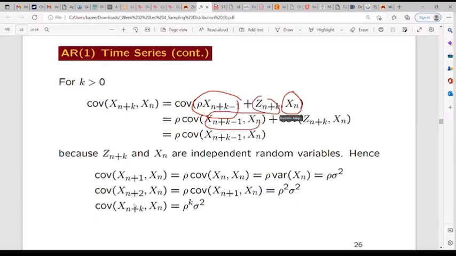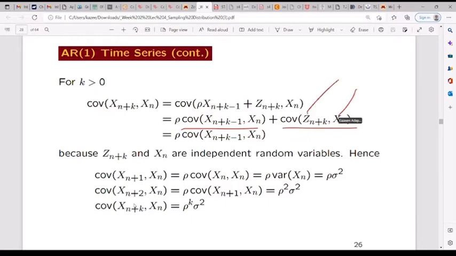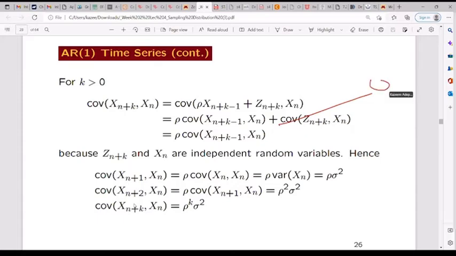That will give you this and this. And Z and X are independent, so the covariance will be equal to 0. You have been told that Zn and Xn are independent, so the covariance of that will be 0. Because of that, you don't have this term anymore. You only have this term here. Take a look at that. That is exactly what you have now.